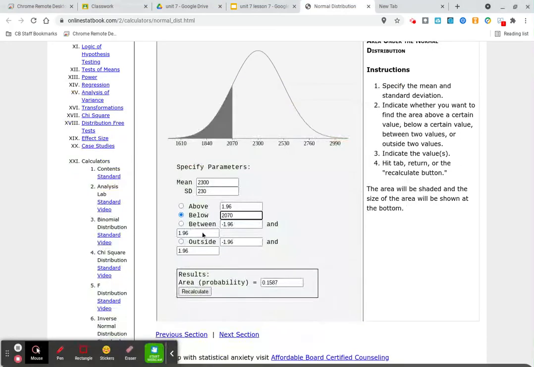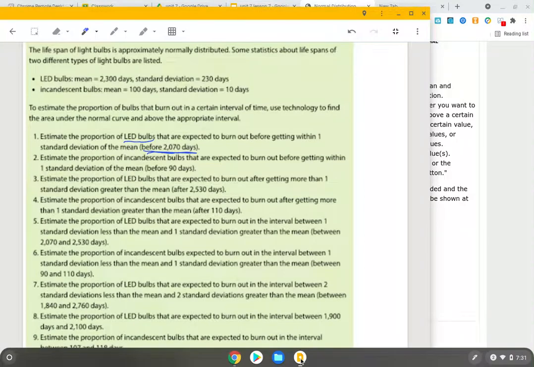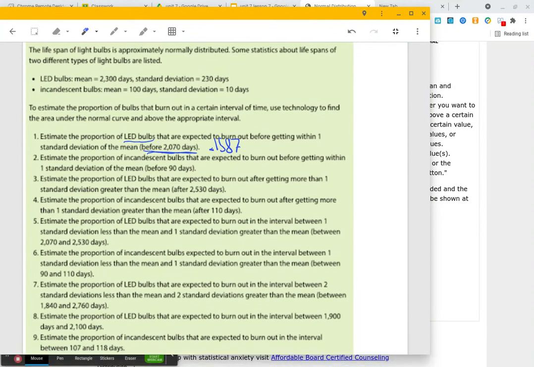So before or below 2070, we will calculate. And notice this is our probability right here. So our probability or our area under the curve will be 0.1587.